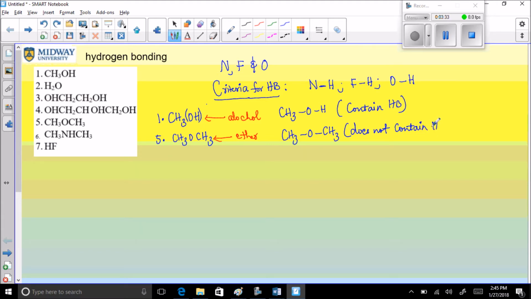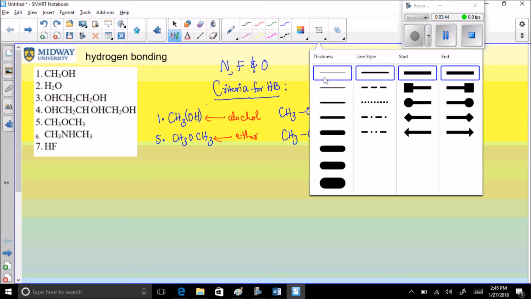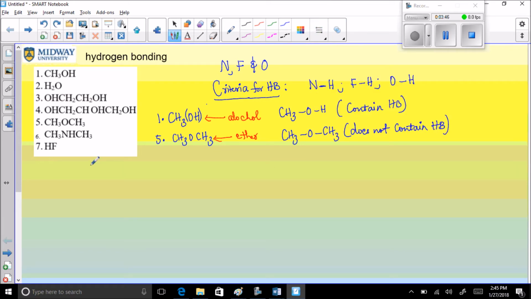What is the larger implication of hydrogen bonding? We have learned colligative properties, right? So let me write a little statement here. Say we compare these two molecules. This contains hydrogen bonding, this does not. Let's say I dissolve both 1 and 5 in water. Number 1 will have lower vapor pressure compared to number 5.